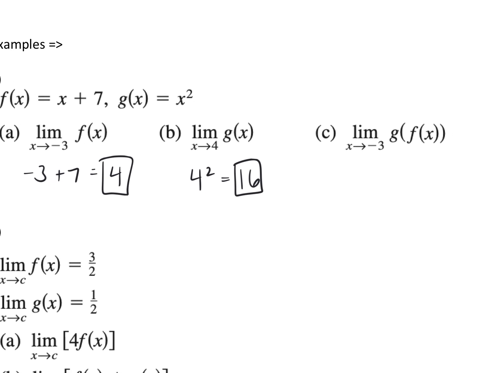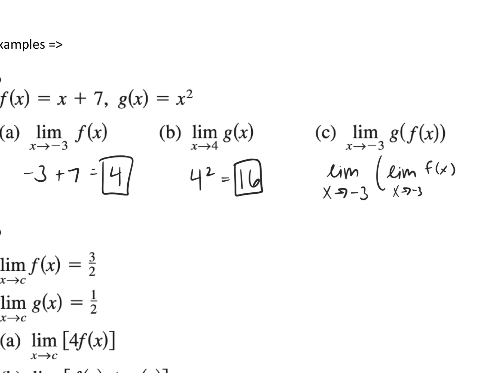Okay, this is one of those composition ones that is a little kind of confusing. So let's go ahead and rewrite it like this. So I've got the limit as x approaches -3 of the limit as x approaches -3 of our function f of x.